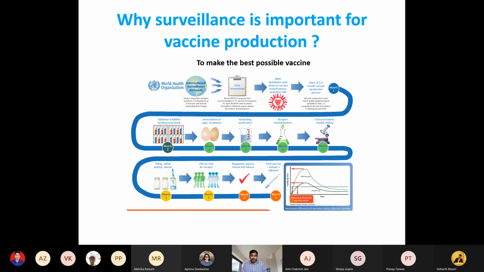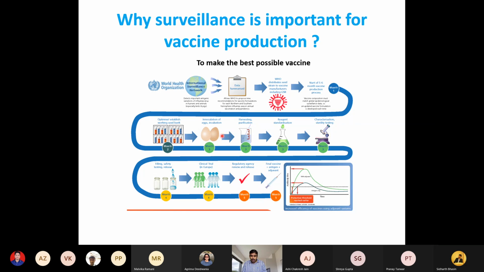Let's say they want to include a new strain, H5N1. So these 5 reference centers isolate these strains, right? Wherever they are, they isolate H5N1, they isolate the strain. Now, if you want to include that in the vaccine, this is what happens. They identify some strains, they create something called a seed bank, they inoculate eggs.